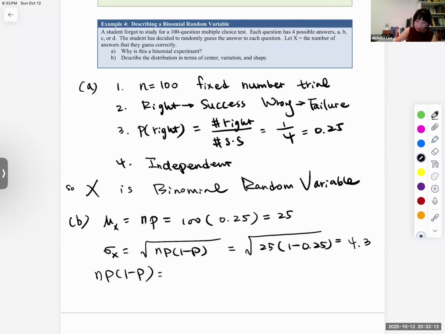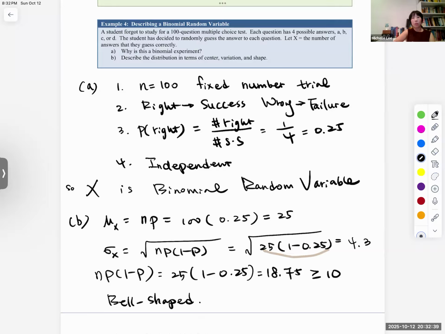So that is 25 times 1 minus 0.25. What do you have? It's 18.75. It's greater than or equal to 10, so we can say that it is bell shaped, right? All right. It's good?